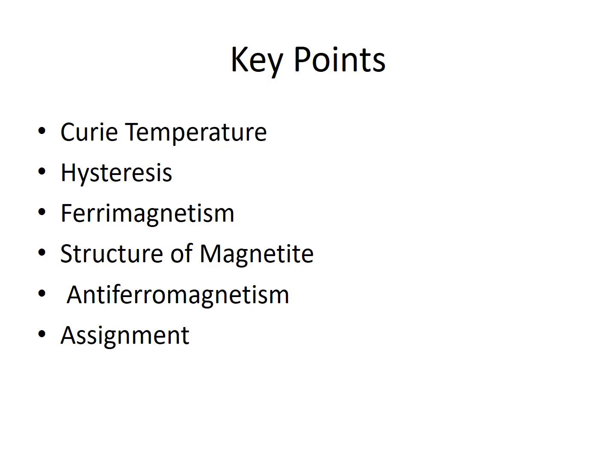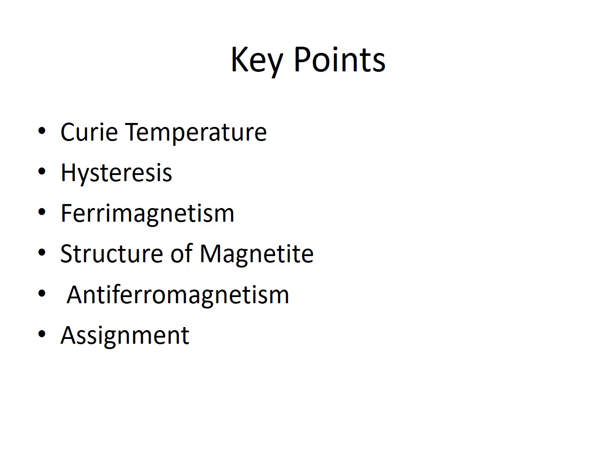Here are the key points of this lecture. In this lecture, we are going to discuss ferromagnetic materials. Before going into details of ferromagnetic materials, we must know the basis of Curie temperature. From the Curie temperature, we shall develop the concept of hysteresis loop, and from the hysteresis loop there are two other terms related to it, known as coercivity and remanence.